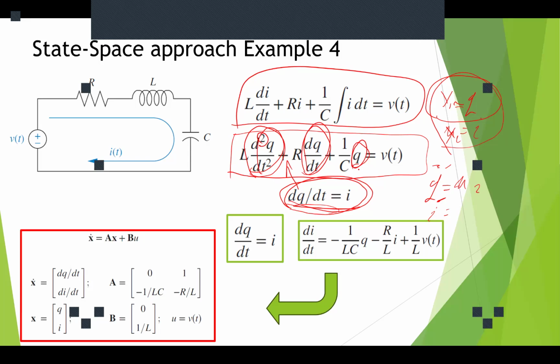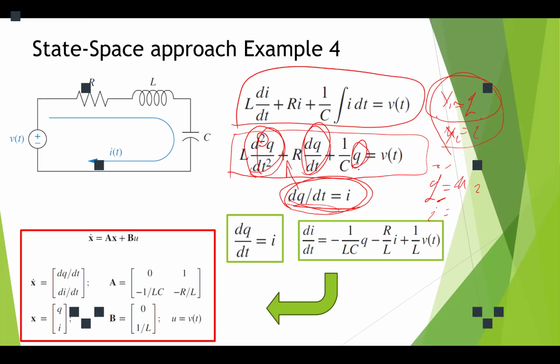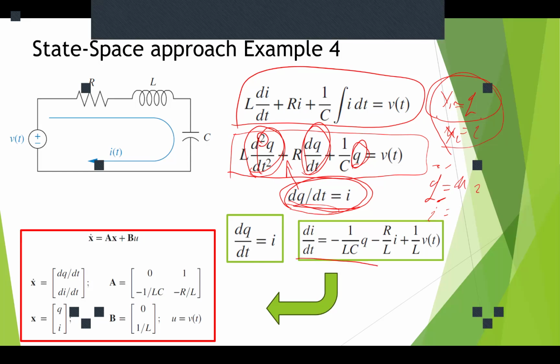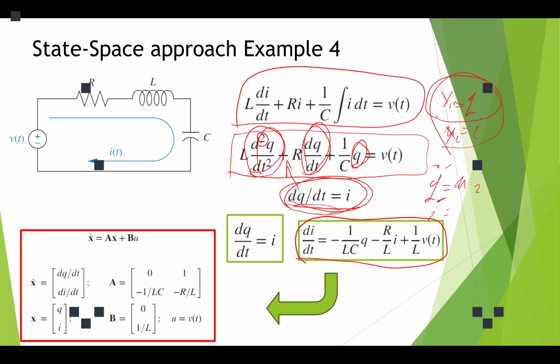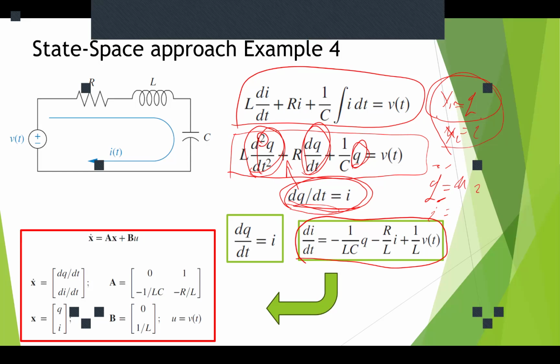What are we doing? Changing the original circuit equation to another equation? What is the purpose of deriving and finding this equation? Why did we do that? We had two state variables, x1 and x2. Eventually, if we want to have a state space model, we need to find x dot equal to Ax plus Bu, correct?